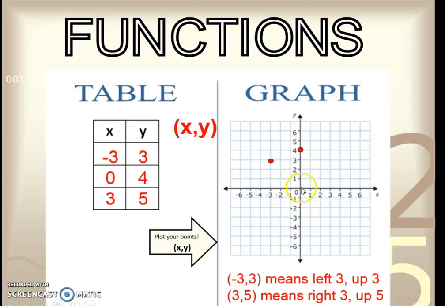And then our final point is 3, 5, we'll go right 3, and then up 5. So it would be here. Now once we have these 3 points, you'll then connect them with a line. Once you've got a line, you've successfully gone from words to rules to tables to graphs.